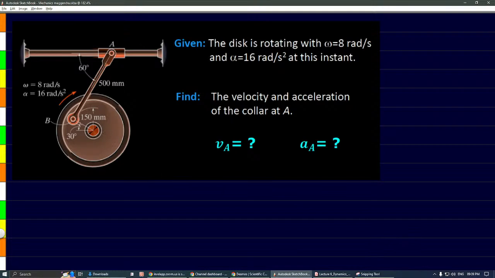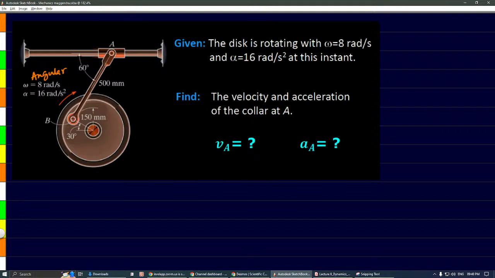No, omega and alpha are given. These are angular values, but what we have to find are linear values. So let's start.